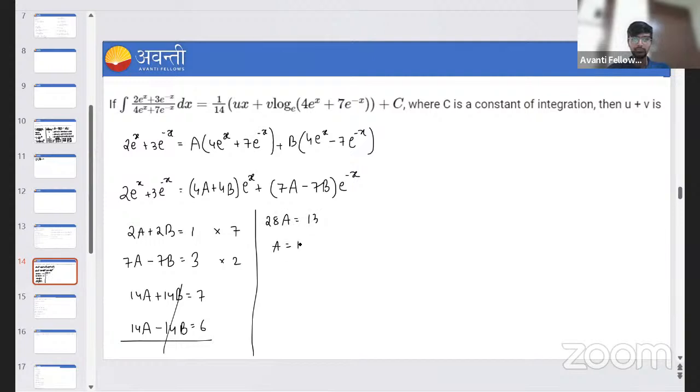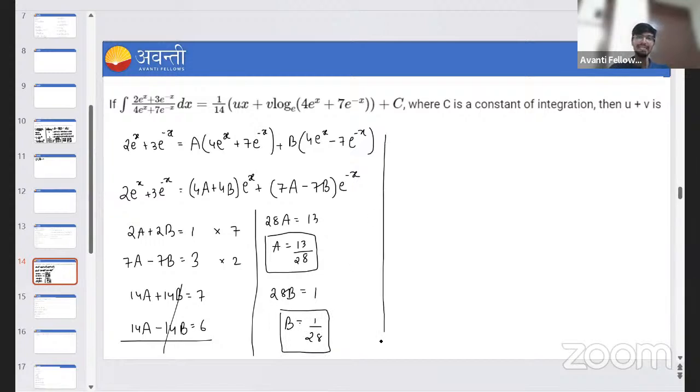So a is 13 by 28. And if we subtract these two, we'll get 28b is equals to 1. So b will be 1 by 28. So now we got a and b. Let us substitute in the integral sign.